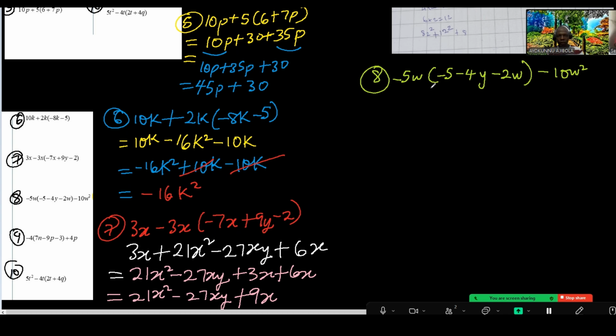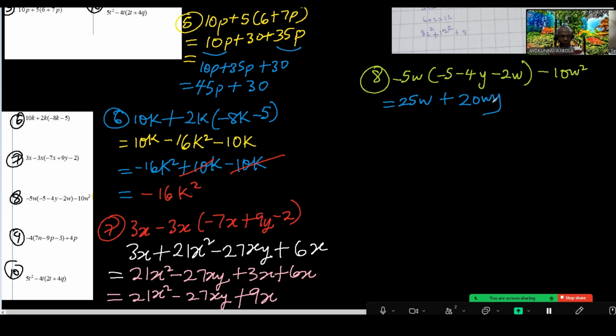So you can see the negative w squared is alone on this side. So we multiply the first one, then the second one, then the third one. All our answers will be positive because a negative is multiplying all of the negatives. So 5 times 5 is 25w. Then for the second one, 5 times 4 is 20wy.